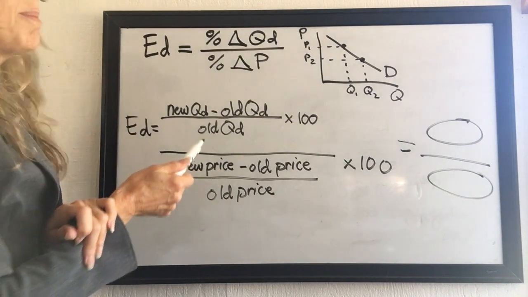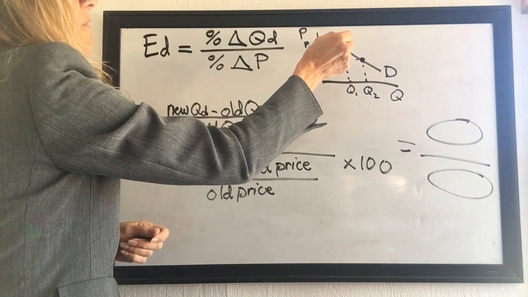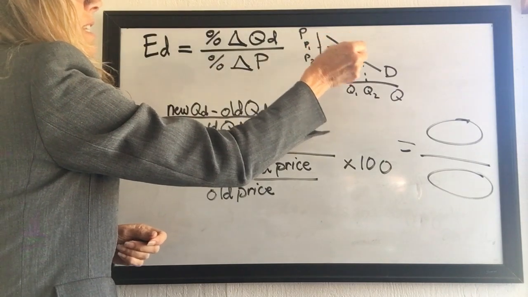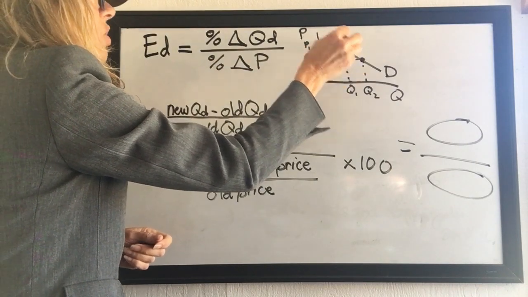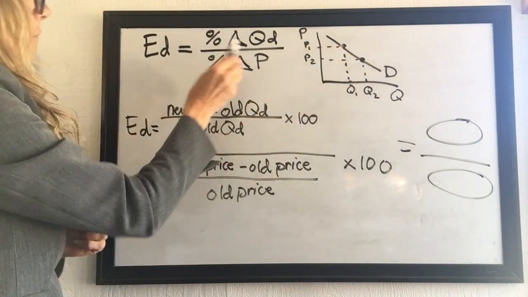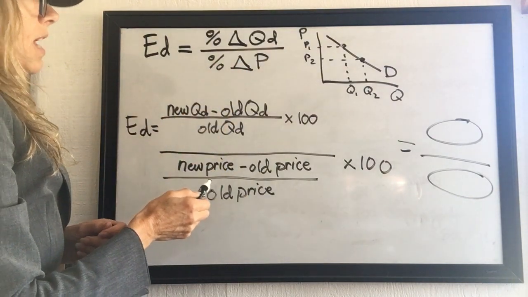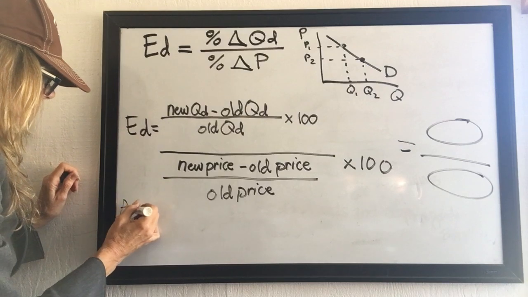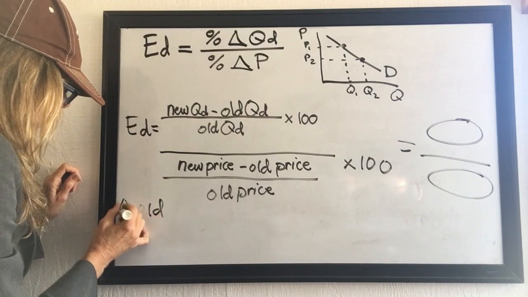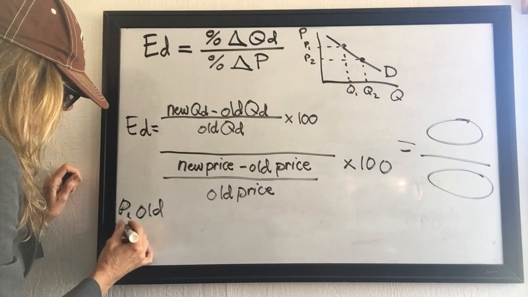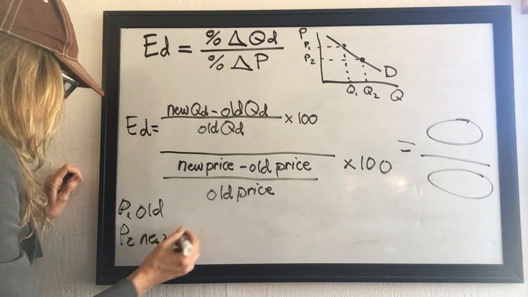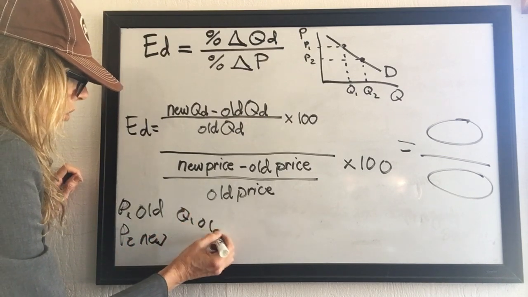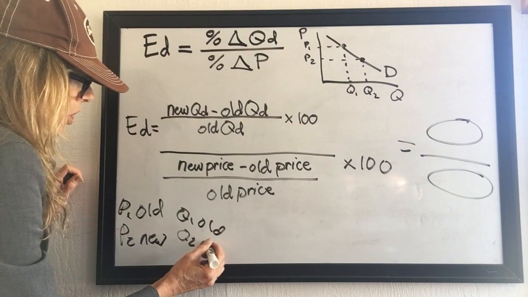But there's one problem here. Because we're trying to find the elasticity of demand between these two prices, if we plug in numbers, and we've identified P1 as the old and P2 as the new, that makes Q1 the old and Q2 the new.